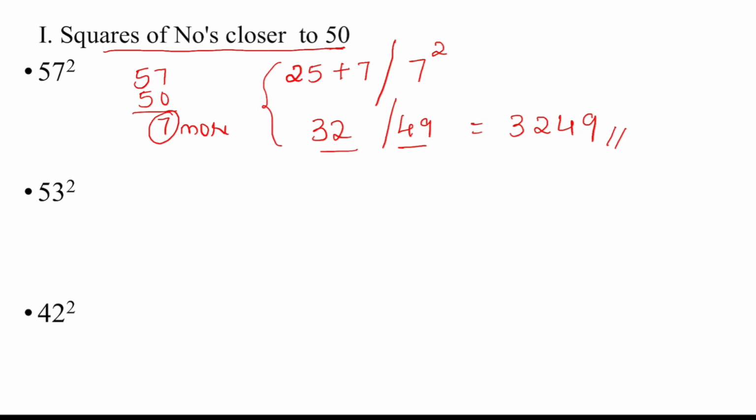Next, 53 square. 53 is how much more than 50? 3, isn't it? Therefore 25 plus 3, bar, and on this side the square of 3. So 25 plus 3 is 28. 3 square is 9. But can you write 289? No, because we want 2 digits after the bar.